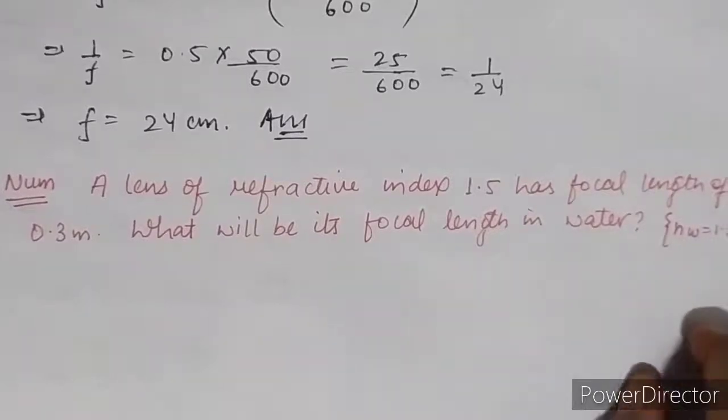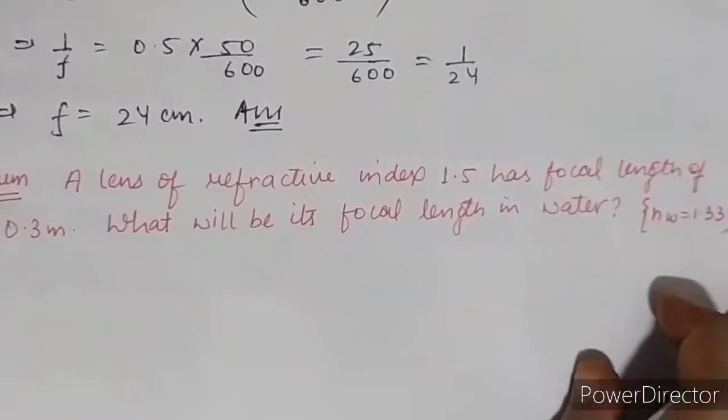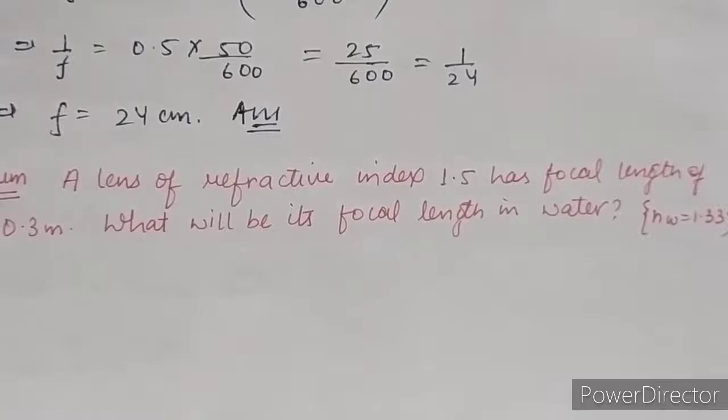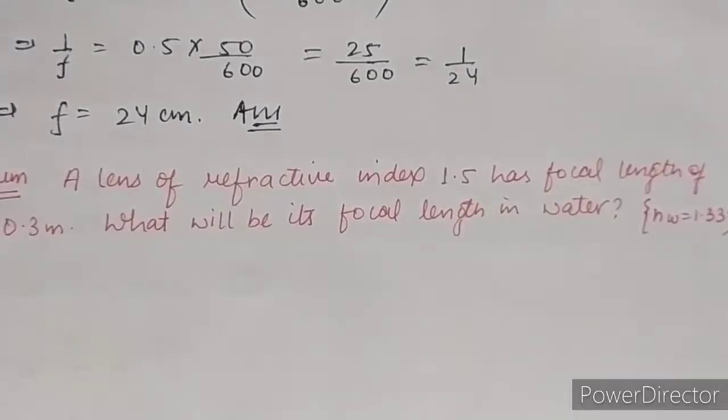Remember this value, okay. It will not always be given in the question. So first of all, you have to calculate for the air, then for air to glass and glass to water, okay. So for that you have to calculate. I hope that you are able to solve this numerical. You have to calculate two different focal lengths and then you have to take the ratio. Just try it once, okay.